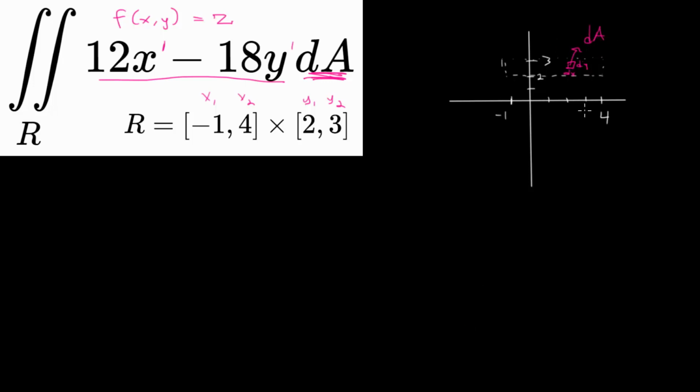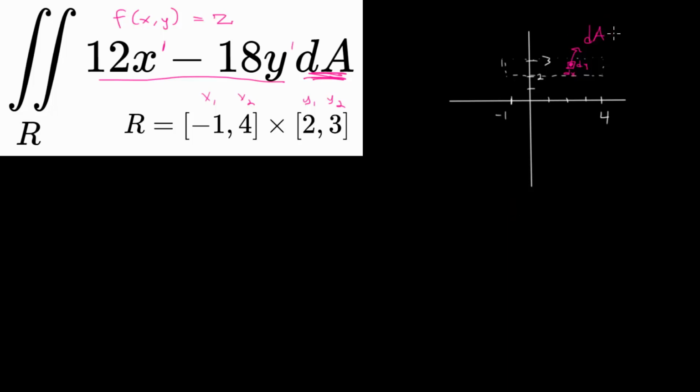This would be dA here. To find the volume under that plane, we multiply our area differential by the height of the function at some particular coordinate point within this rectangle. Then if we add up all of those products, the height of the function at that point multiplied by the area differential, in the rectangle, we can find that volume.